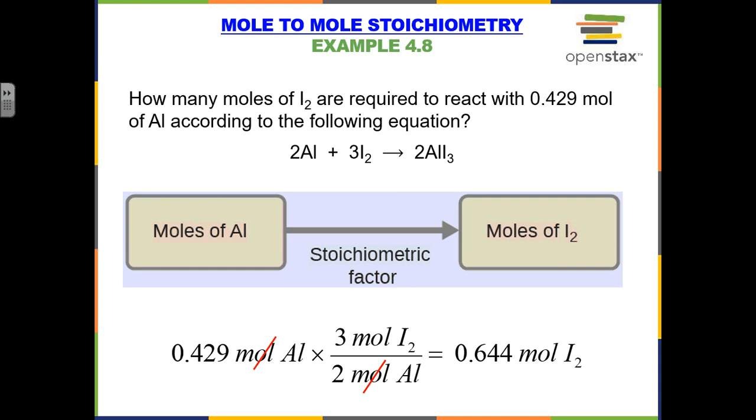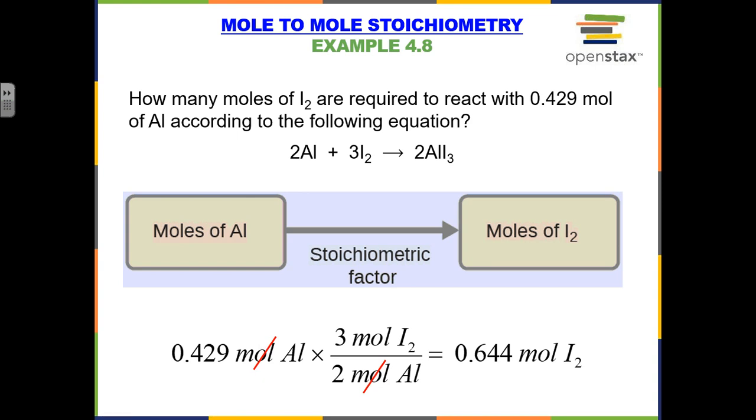Comparing iodine and aluminum, you get the value of 3 from the iodine here, and you get the 2 here from your aluminum. The aluminum goes on the bottom because you started with a known amount of aluminum, 0.429 moles.